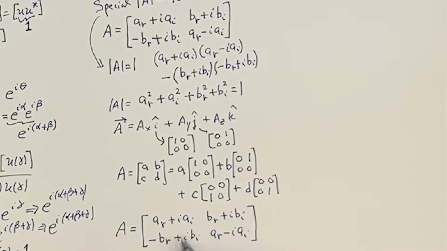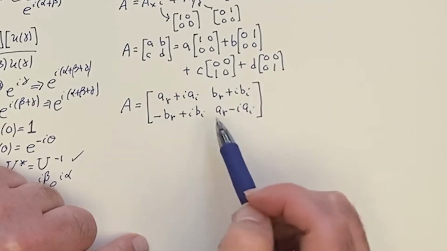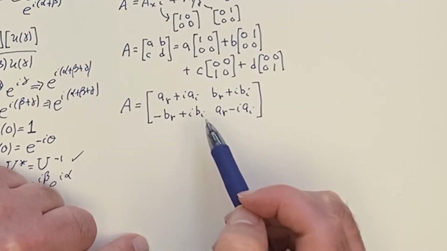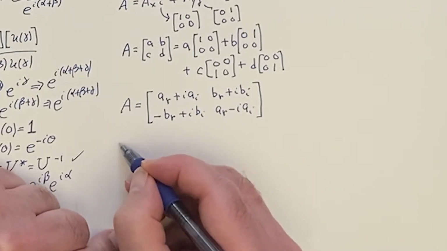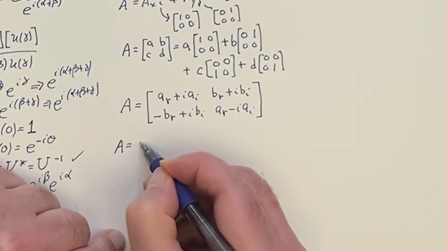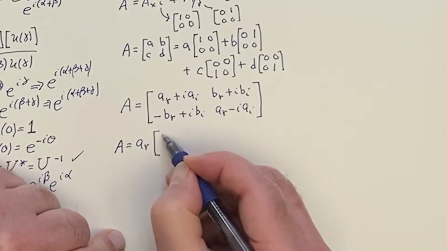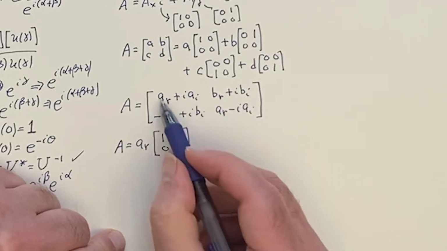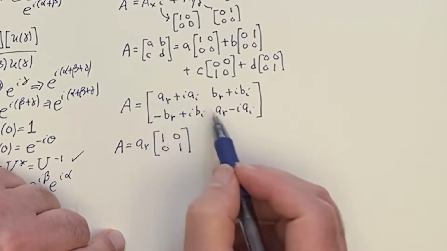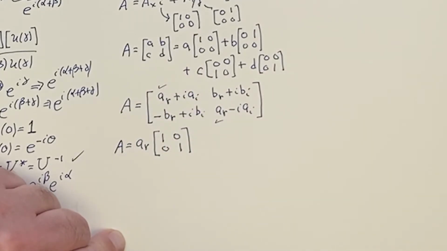But there seems to be a natural way to find 4 basis matrices here. It's suggested, watch this trick, that if we take the AR, we would hit that with 1, 0, 0, 1, because see, that would get you these 2. That would get you this one, and it would get you that one. Isn't that nice?